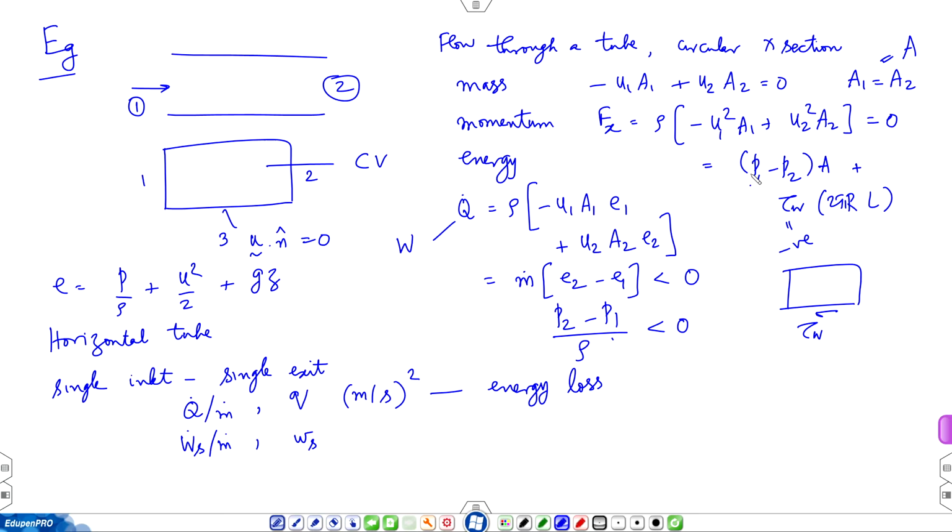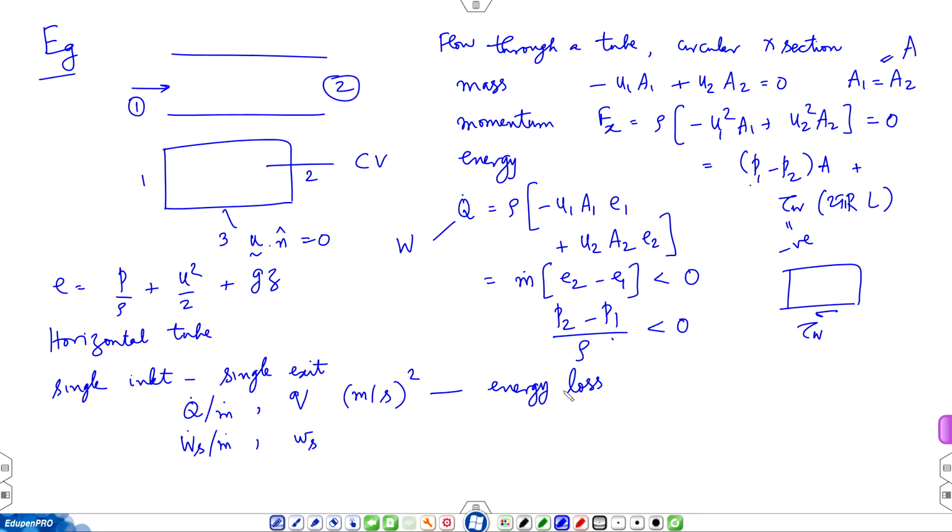For the time being, on the global scale, shear stresses are the cause for energy loss. That you can understand by looking at the momentum equation and the energy equation. Now, one more interpretation: if flow takes place from left to right, pressure will decrease from left to right.